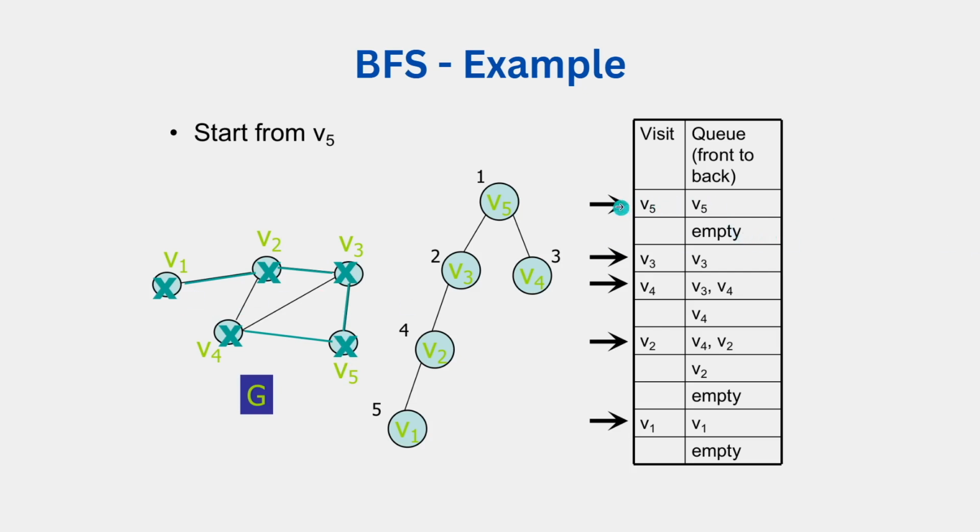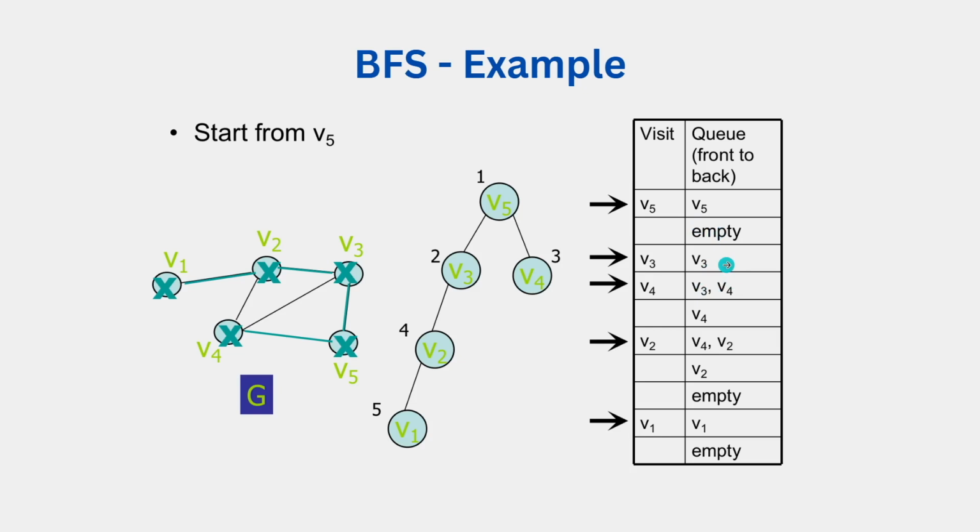For doing this we have made use of a queue, and initially we have the start vertex V5, and only the start vertex is added to the queue. Then we dequeue. When we remove V5 from the queue, we are supposed to add its neighbors or adjacent vertices. Likewise, we have added V3 now.